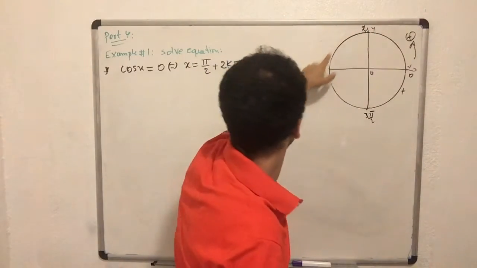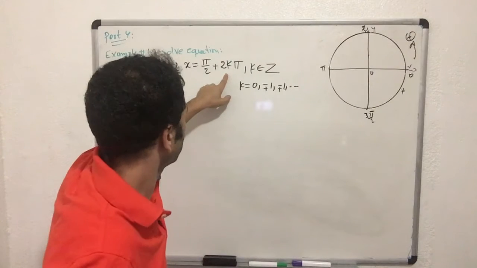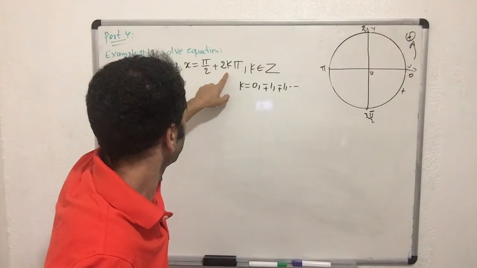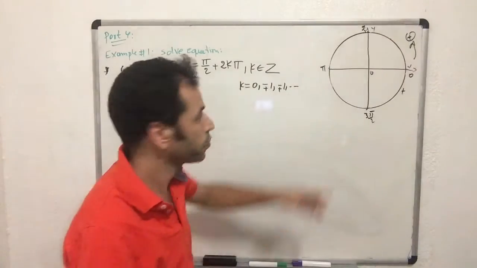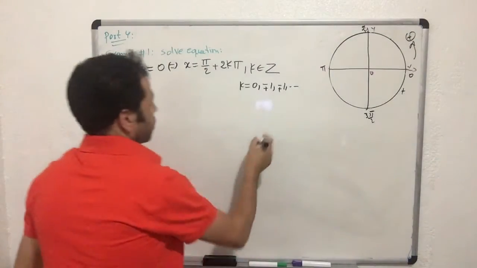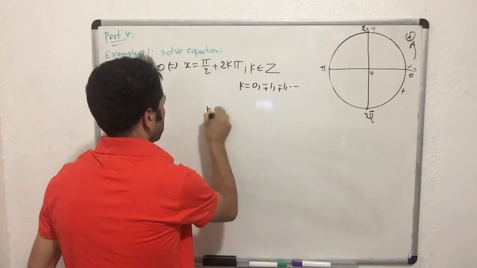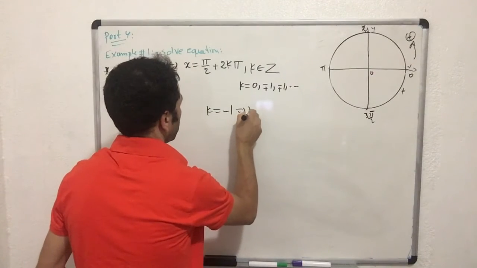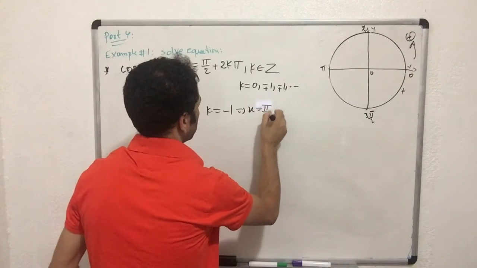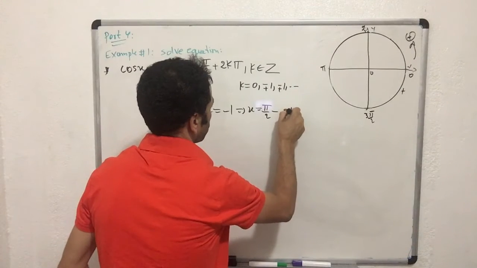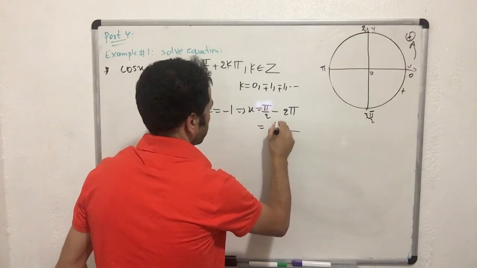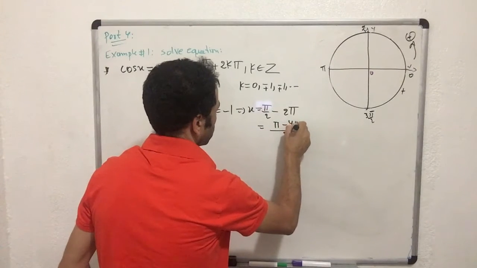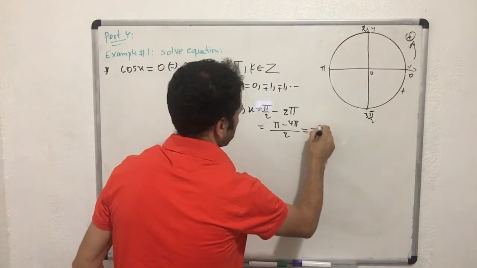And then if you choose k equal to minus 1, that means x equal to pi over 2 plus minus 2 pi. That means pi over 2 minus 4 pi over 2, that means minus 3 pi over 2.